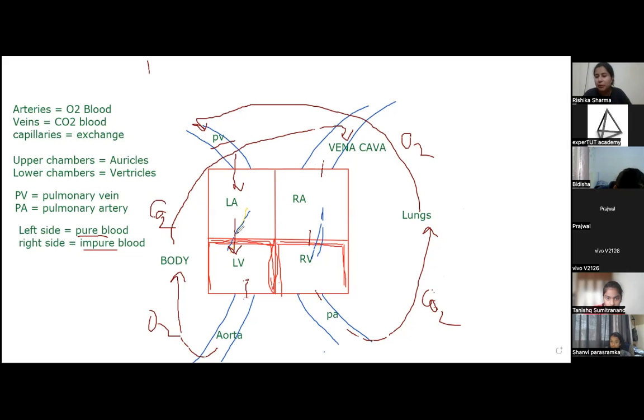अब किसी के दिमाग में कोई क्वेश्चन नहीं आया इसमें? I told you in the beginning that arteries carry oxygenated blood. But here the pulmonary artery is carrying the carbon dioxide containing blood, and the pulmonary vein is carrying the oxygenated blood. ठीक है.